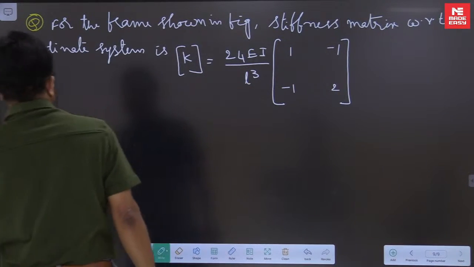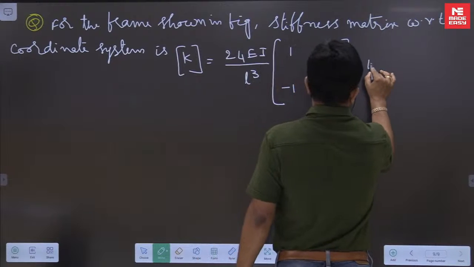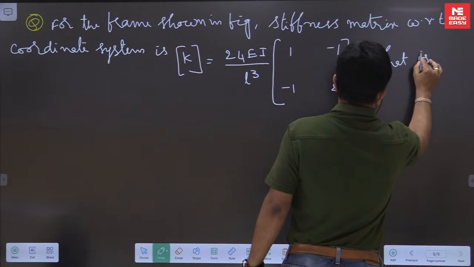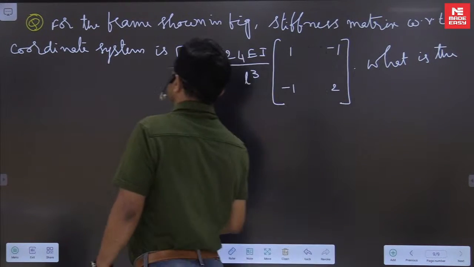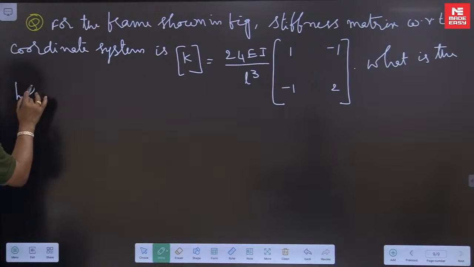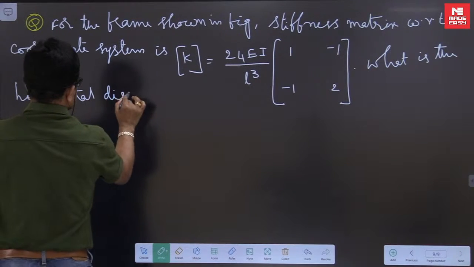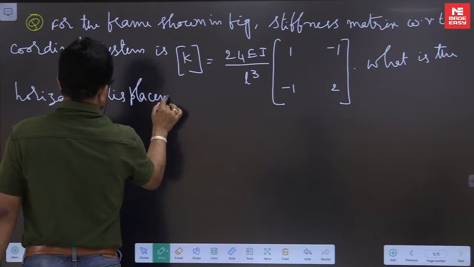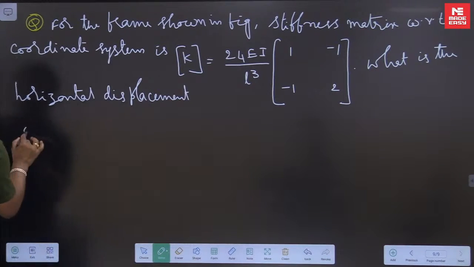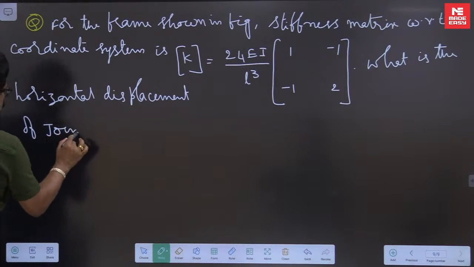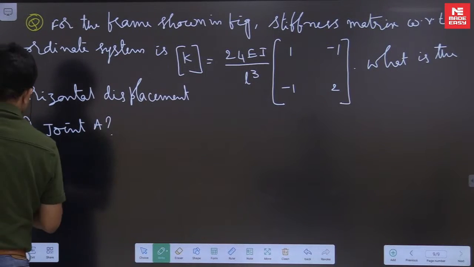What is the horizontal displacement of joint A?